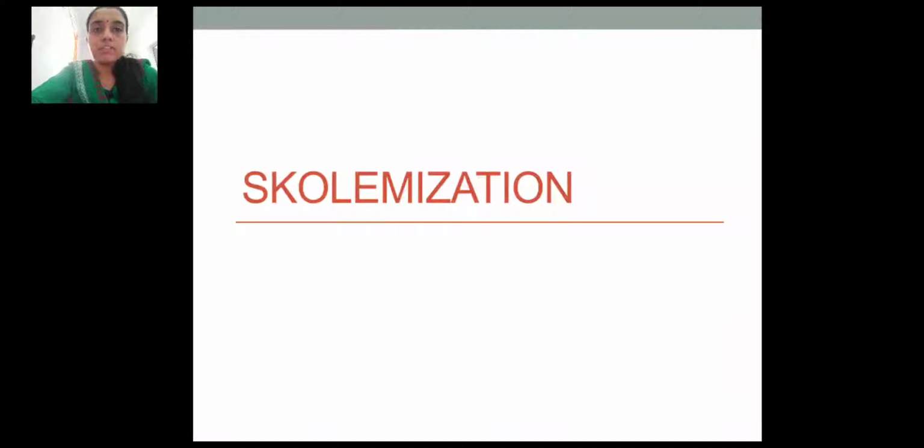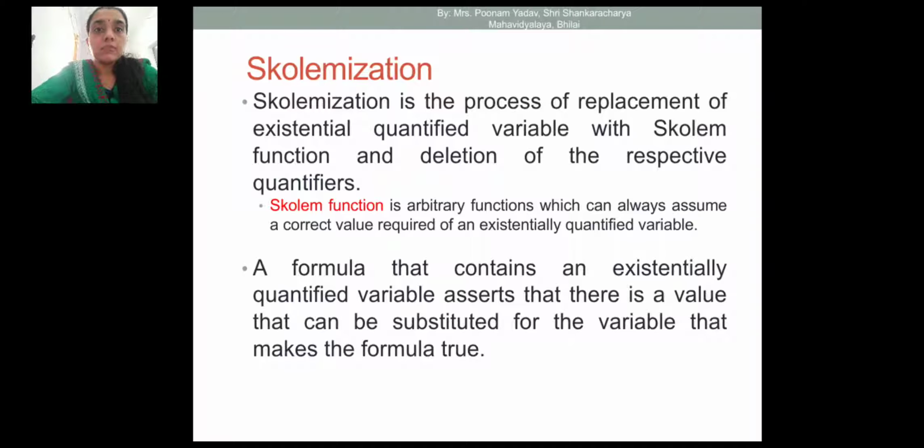First, Skolemization. It is a process of replacement of an existentially quantified variable with a Skolem function and deletion of the respective quantifier. In this process, the existential quantifier, there exists, which we use for some predicate, is replaced with some Skolem function.